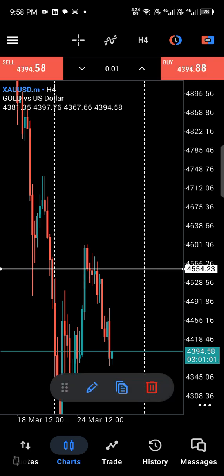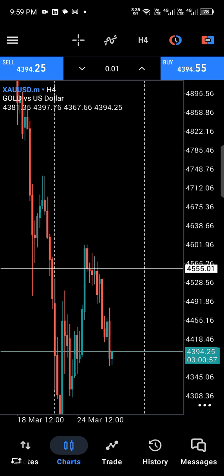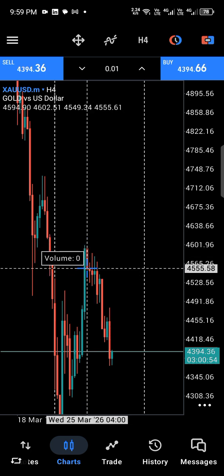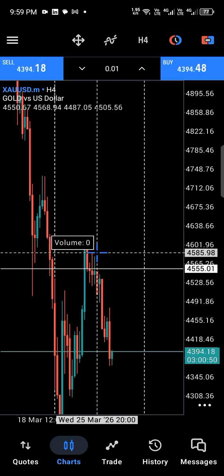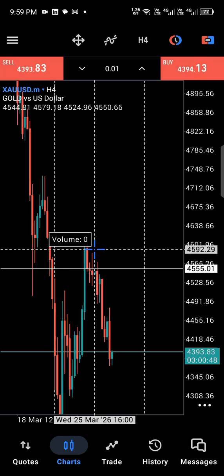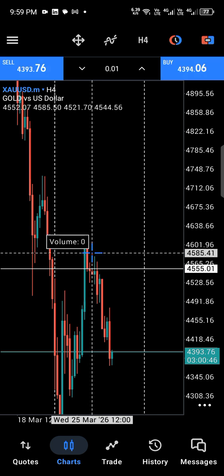So that is where I'm going to put my line. And as you can see, this level was touched by this candlestick, the one with the tall wick.